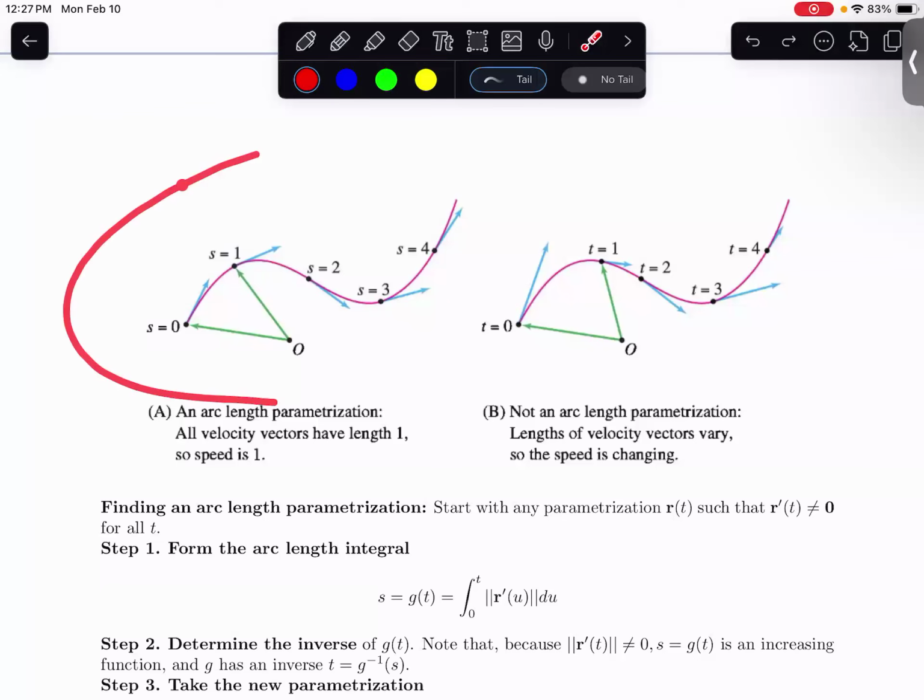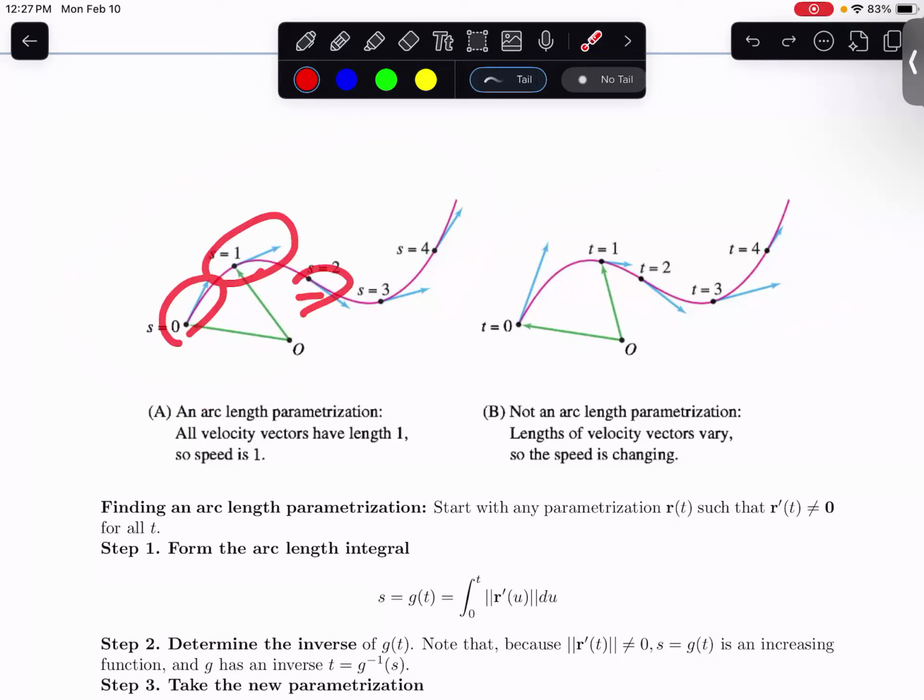If you compare this image to this image, they're the same aside from the fact that all these vectors have the exact same length. Whereas on the right-hand side, this vector is pretty large, this one's pretty small, this one's in between. The speed varies over time. That's the main point.